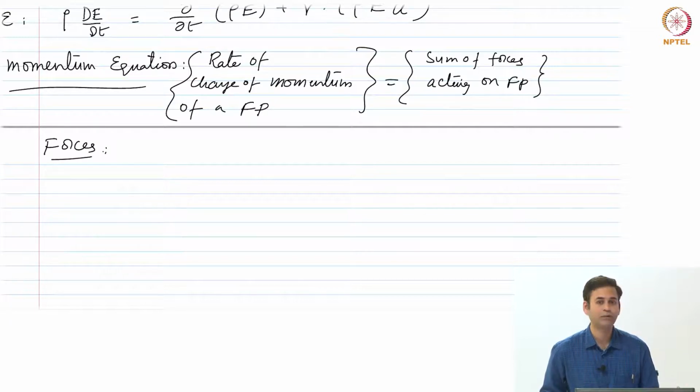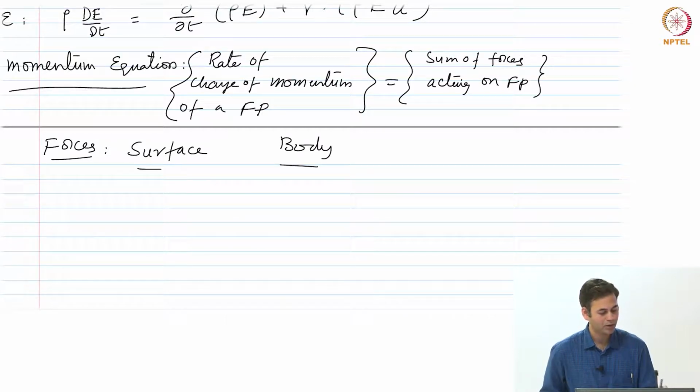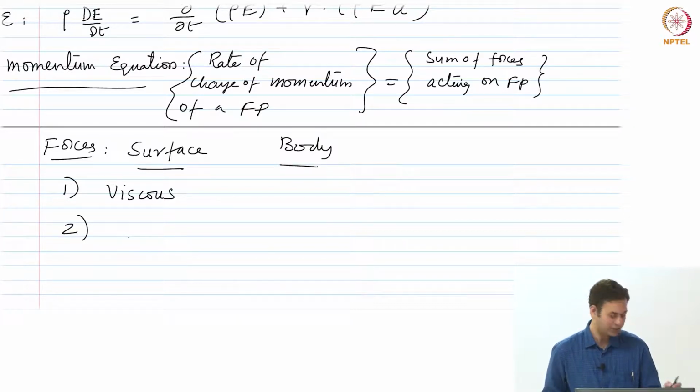What are the forces that act on a fluid element? We can categorize them into surface forces and body forces. What are the surface forces that you can think of? The stresses, the shear stresses or the viscous stresses. So you have the viscous forces that are arising out of the viscous stresses, and then what else? Pressure. So you have the pressure forces and the viscous forces, coming out of the pressure and the shear stresses that we have in the flow.